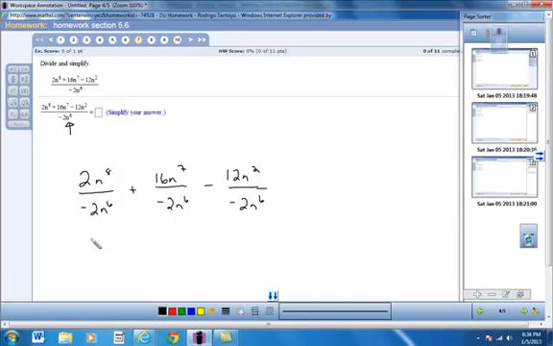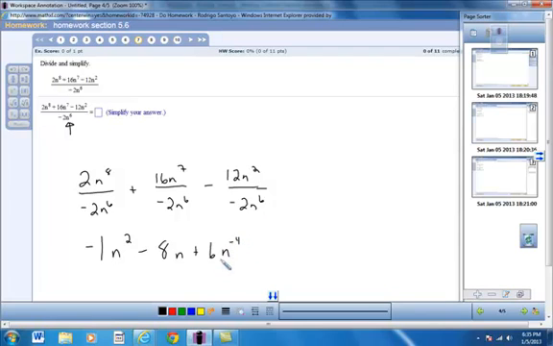So 2 divided by negative 2, we'll just get negative 1. 8 minus 6 is n to the 2nd. This positive 16 divided by negative 2 is going to make it a negative 8. 7 minus 6 is just n. And this negative 12 divided by negative 2 is going to be a positive 6. And 2 minus 6 is n to the negative 4th.